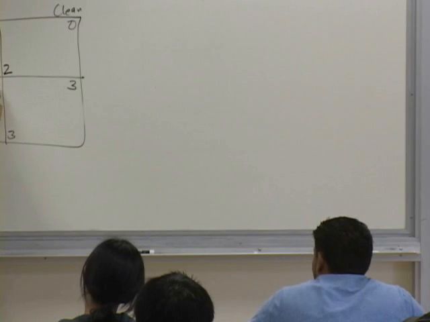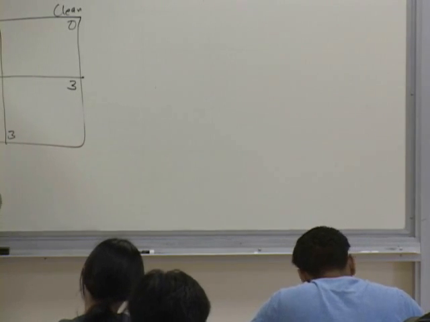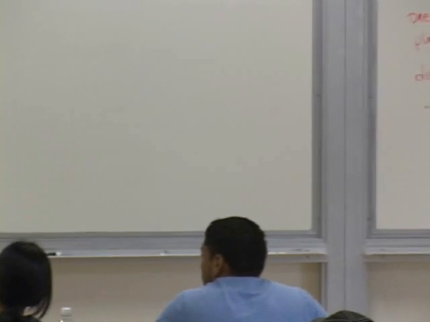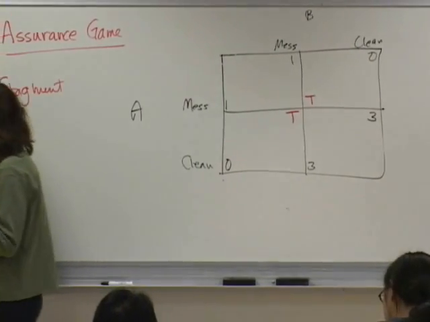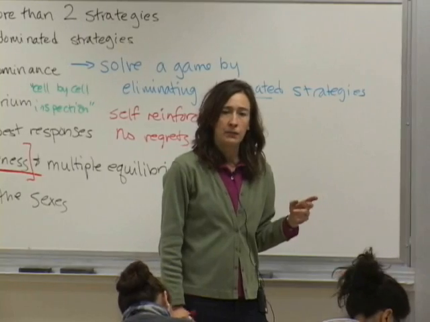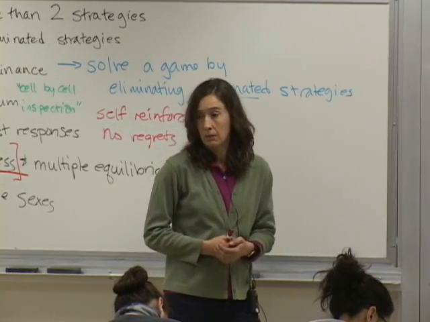Okay, so what I'm going to do now is make this payoff a variable. We'll call it T for temptation. Now we're in the world of variables and payoffs, and in thinking about what's going to happen, we're probably going to have cases, right?